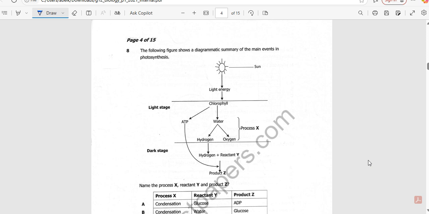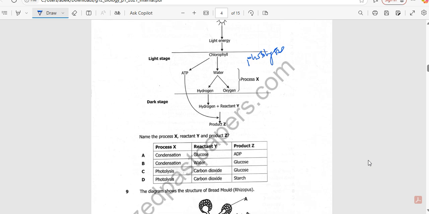Then process X: you have water being split due to the presence of sunlight. So this process is what we call photolysis, because sunlight is used. Remember, under cell lysis on the effect of osmosis. So photolysis is the process taking place here, splitting water molecules into hydrogen and oxygen.